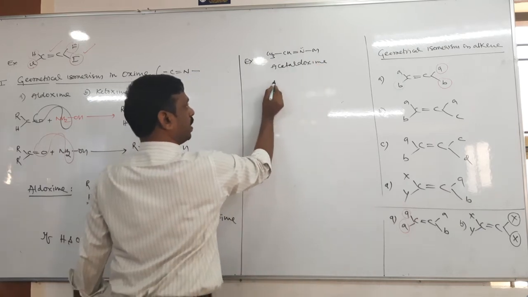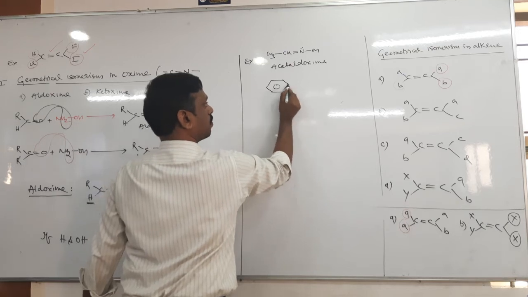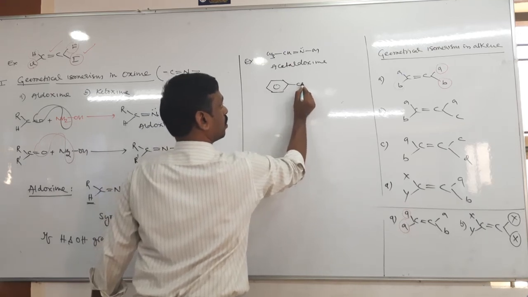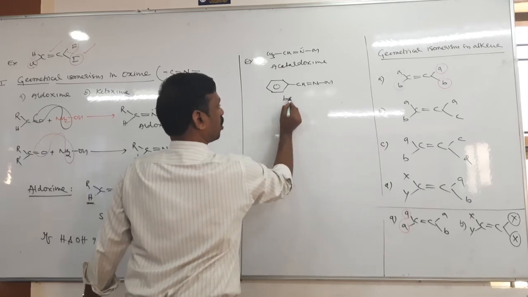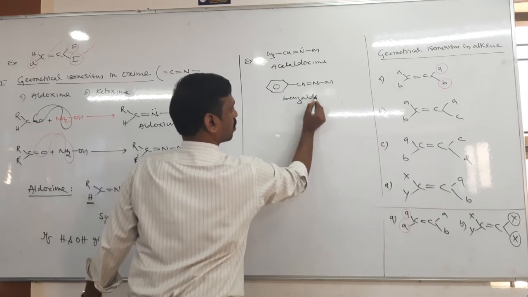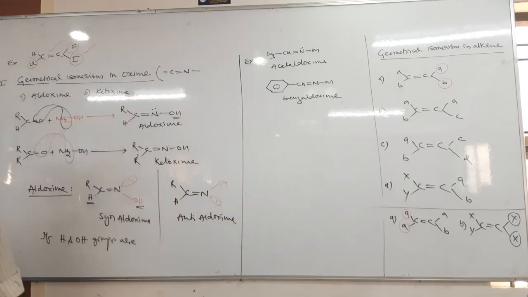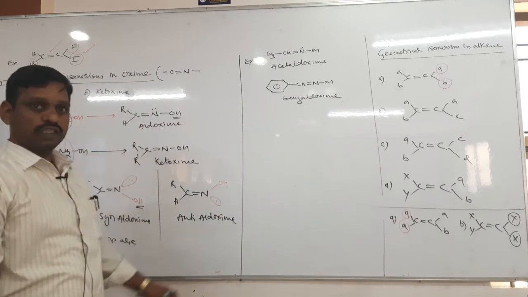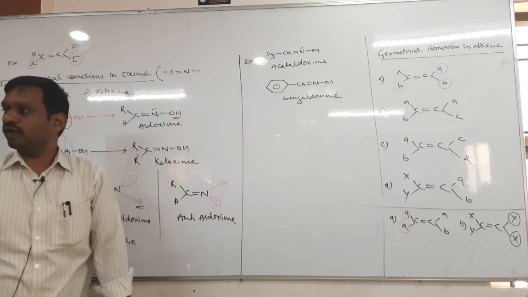Next, benzaldoxime. Benzaldehyde has oxime. Benzaldoxime. So write the cis, that is syn, anti isomers for acetaldoxime and benzaldoxime.